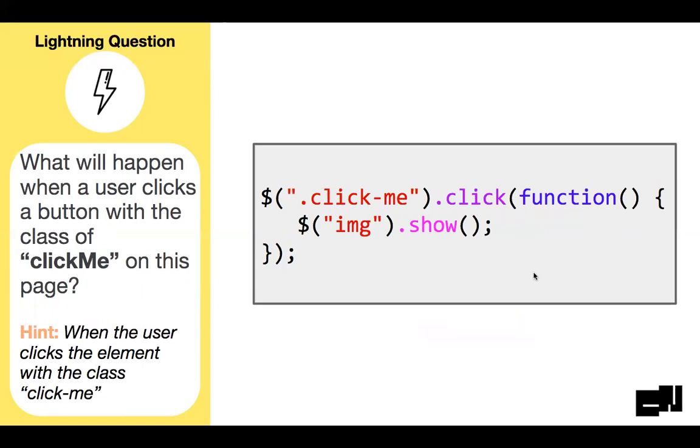Okay, what will happen when a user clicks a button with the class of click me on this page? Let's look at this code. When the user clicks the button with the class of .click me, what is going to happen based on this code? Give you a second to think about that. And you can use that sentence starter where it says hint.